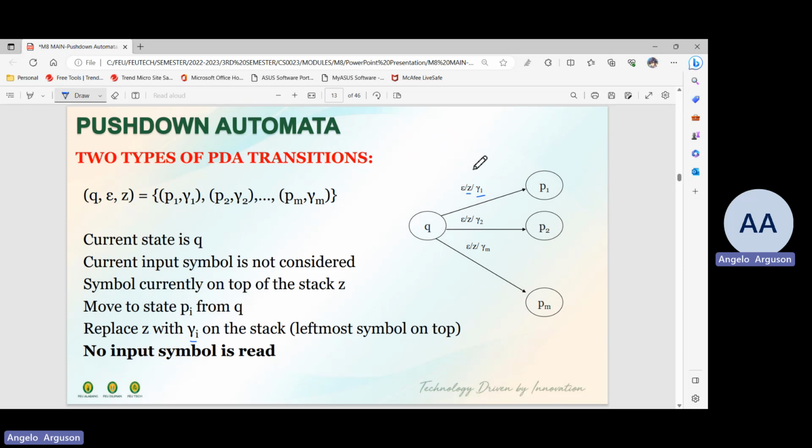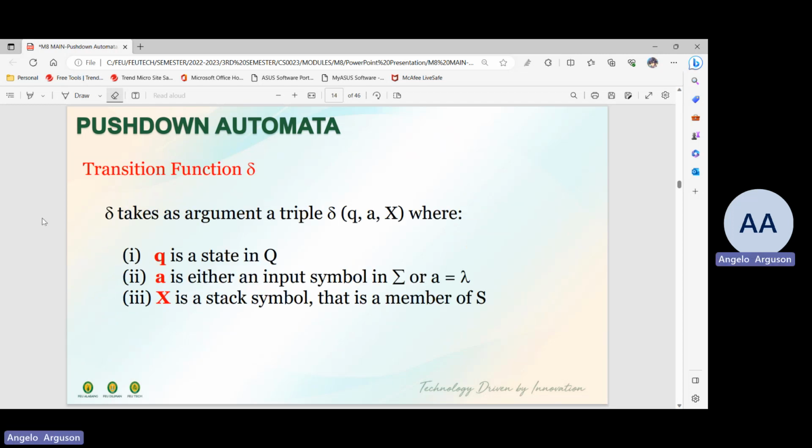So again, if you're going to write it this way, you have to make sure they are separated by a slash. Next, no input symbol is read. Why? Because we are referring to a null input. So those are the two types.